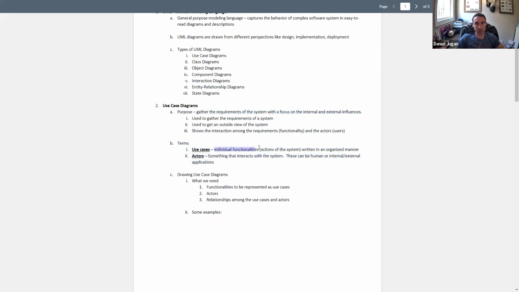These are individual functionalities or actions of the system. And we have actors. Actors are someone or something. It can be a person, and sometimes it can be a non-person or like an AI entity, you could say, that interacts with the system.